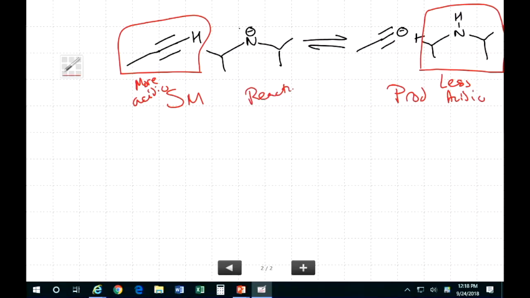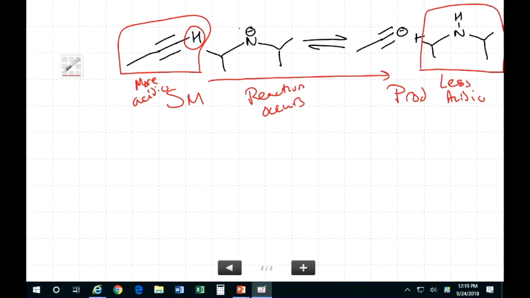Reaction occurs as written. As shown, right, we go from starting material to products because we go from a more acidic compound, our alkyne, this hydrogen here, to a less acidic compound, our amine. Right? So this is a kind of acidity that you are used to, right? You're looking at the movement of protons.